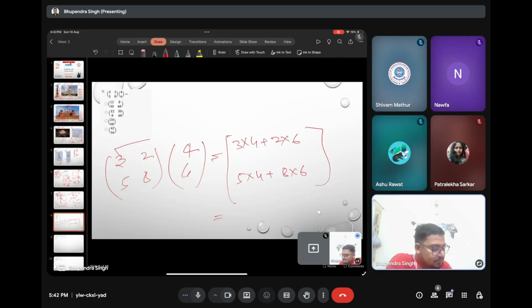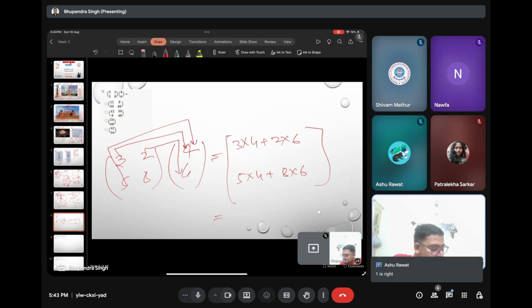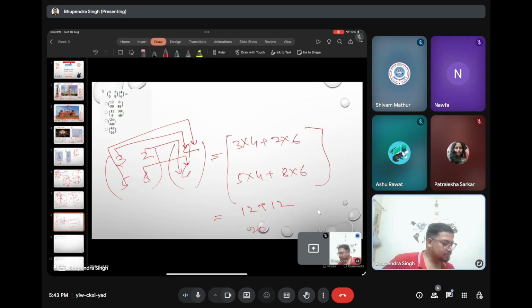It is like this to this to this. Again for this to this to this. 12 plus 12, here 20 plus 48. 24 and 68.